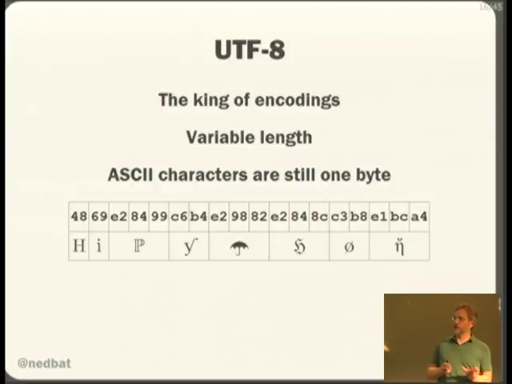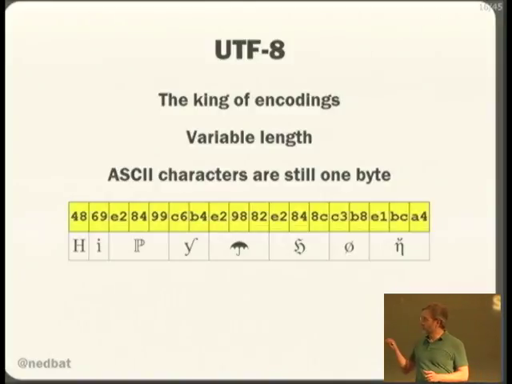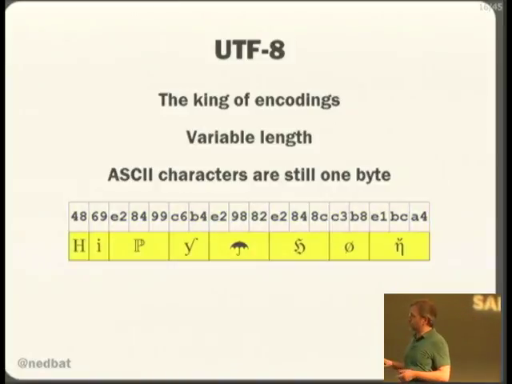So ASCII strings are valid UTF-8 strings, which is a very nice property. At the bottom here, you've got the bytes of UTF-8 and the characters they map onto. And you can see that the H and the I, which are ASCII, are 1 byte each. The double-struck capital P, because it's high up in the Unicode code points, needs 3 UTF-8 bytes. It turns out that no Unicode code point needs more than 4 UTF-8 bytes.